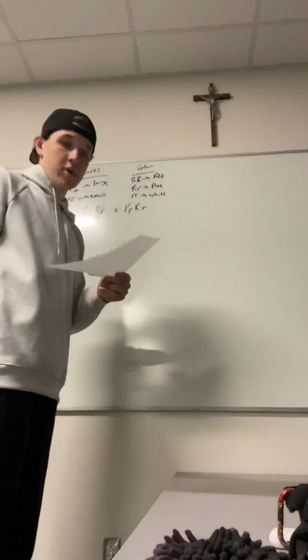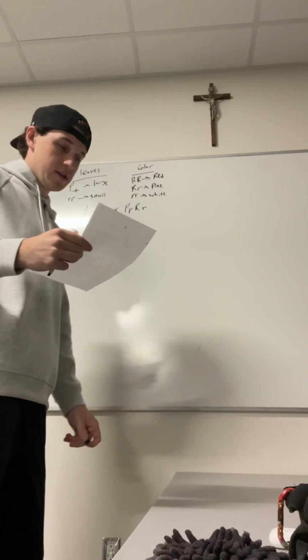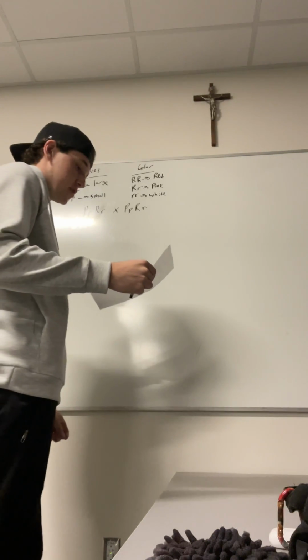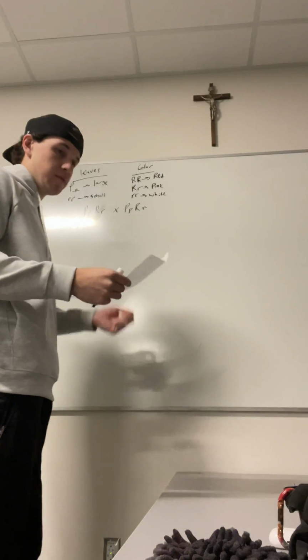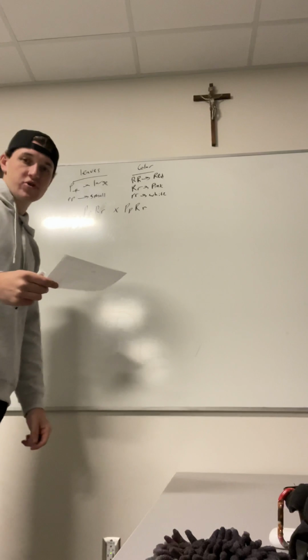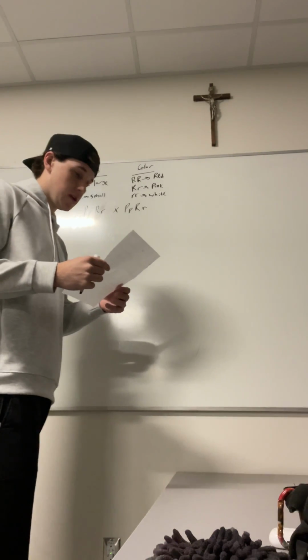Now we have to assume that these traits assort independently, so you have to sort the P's alone and the R's alone, because they would be on different genes, and that's what we assume for independent assortment, unless it tells us otherwise, which it doesn't.